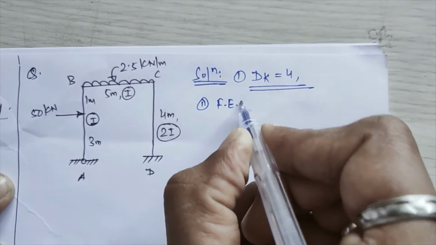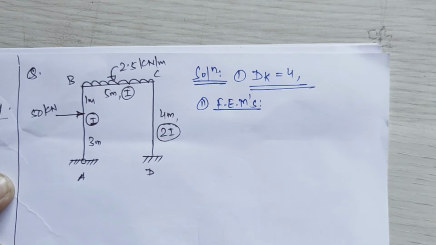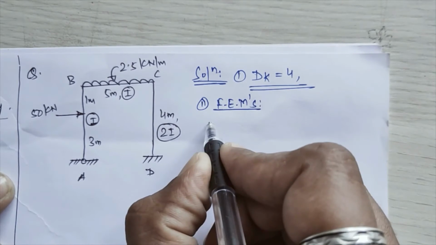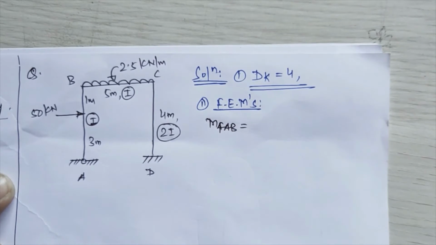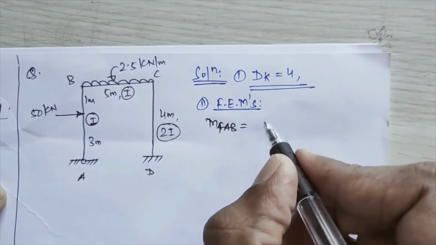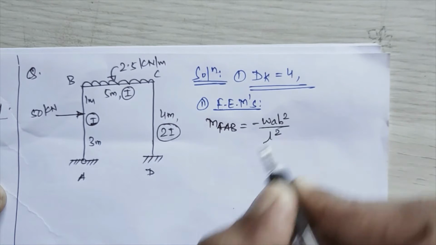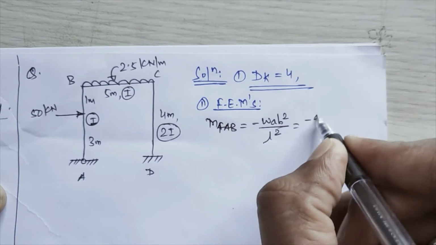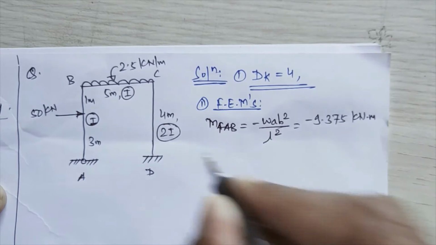So the second step is to carry out the fixed end moments. First, for the first member, we'll see MFAB. In span AB, a point load at a non-uniform distance is there, so that will be equal to minus W a b square divided by L square. If you calculate this, you will get minus 9.375 kilonewton meter.